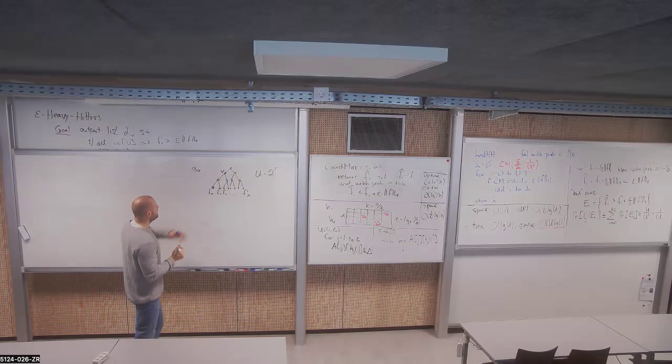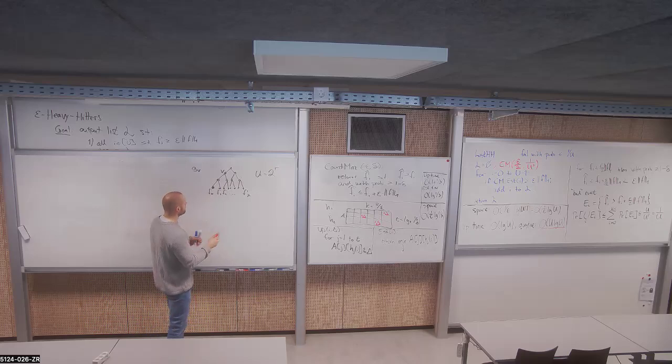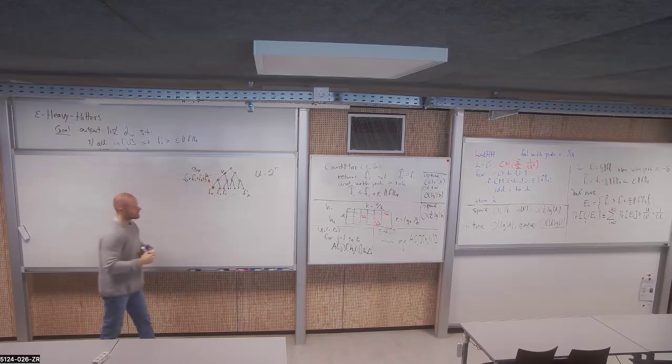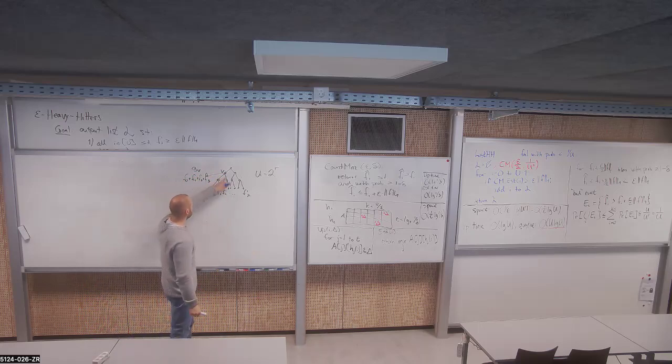And the frequency of v is just the sum of the frequencies in the subtree. So g_v in this case is f0 plus f1 plus f2 plus f3. It's like a binary tree where every node is just storing the sum of everything in the subtree.